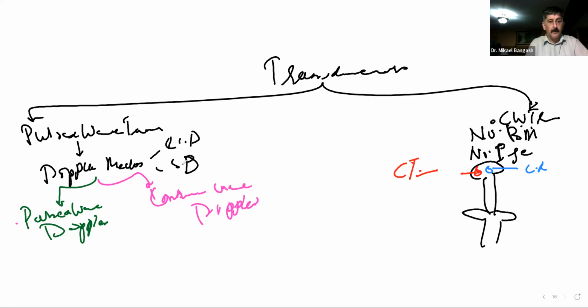The difference between color Doppler and spectral Doppler is that in color Doppler, the blood vessels will be filled up with color. Color is related to our color map, which helps us determine the direction of the blood flow in the blood vessels.